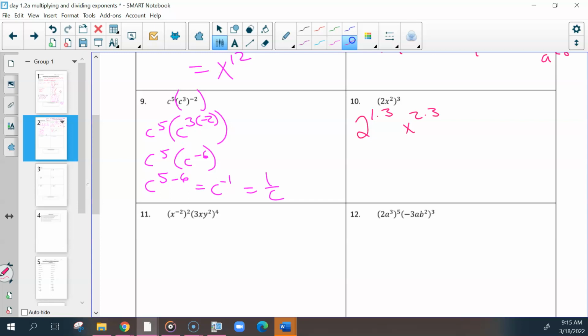You're taking that exponent and multiplying it to every exponent inside the parentheses. There's only one shown exponent. 2 has an exponent of 1, it's just not shown. So this would be 2 to the 3rd, x to the 6th.